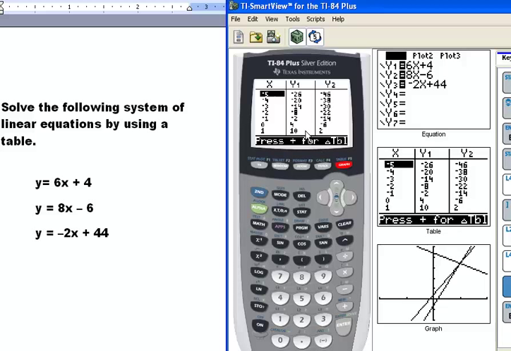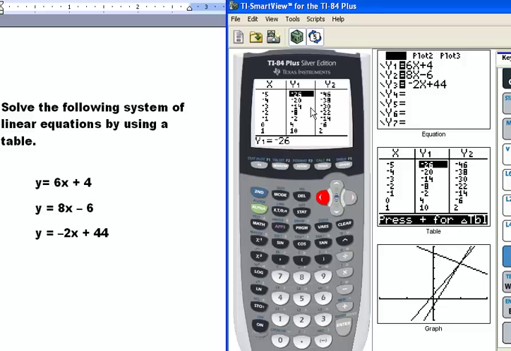We cannot see y3 right now. If we would like to see y3, we need to use our right arrow button so that we can see y3. Notice it will keep showing the x value and now y2 and y3. So if I go back to the left, it will show me my x values, y1 and y2.